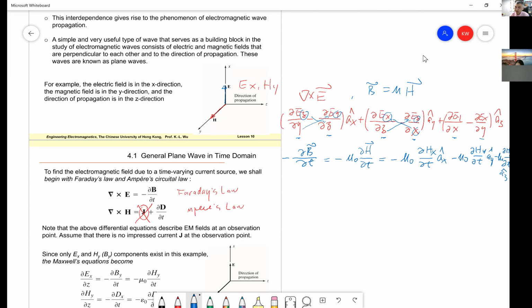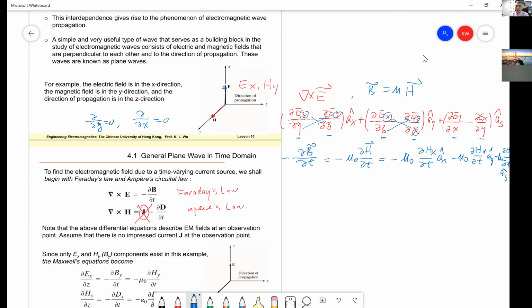So I'd like to make another assumption: the electrical field and the magnetic field have only two components, right? Then I also assume the field does not change in the x direction and does not change in the y direction.